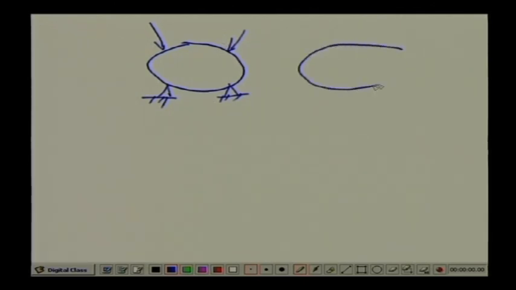Let us say we have a body which is supported at these 2 points and acted on by forces. If we like to draw the free body diagram of it, let us say we draw the diagram subjected to the external forces.